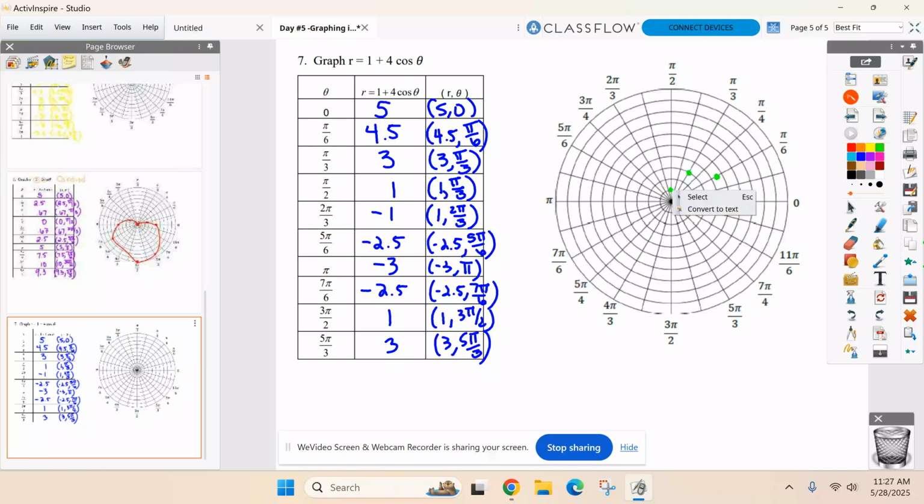Okay, you're going to deal with negatives now. Got to go in the other direction, please. Other direction. 2 pi over 3. You got to go in the other direction.